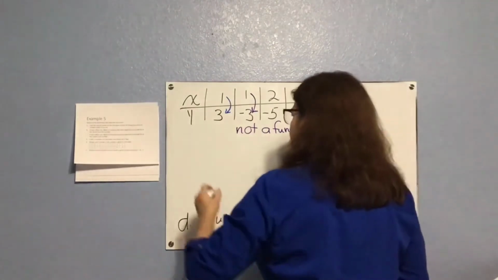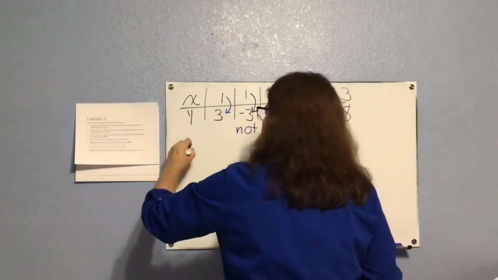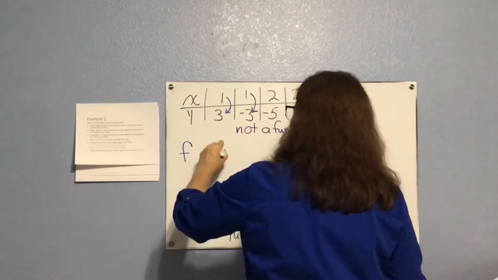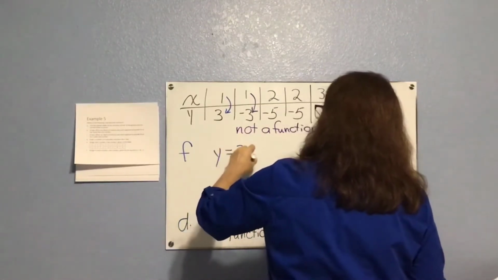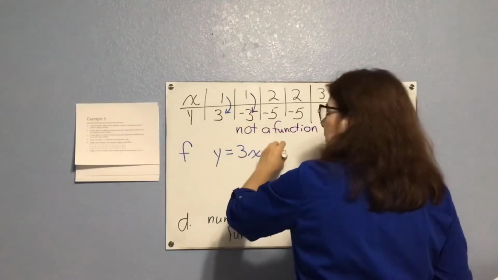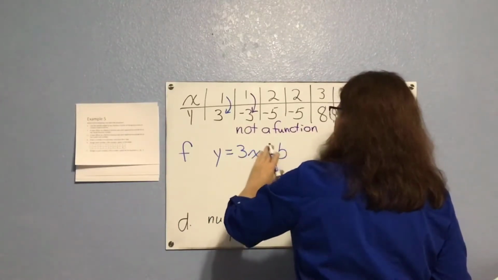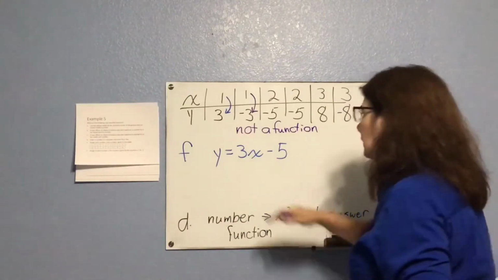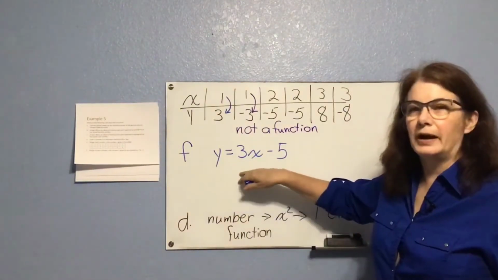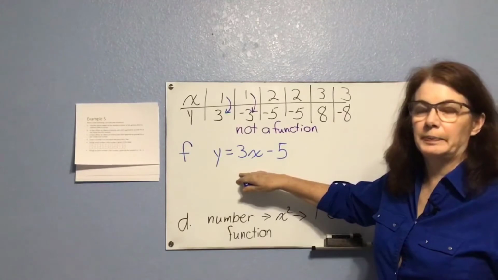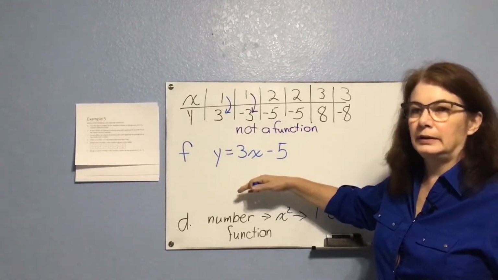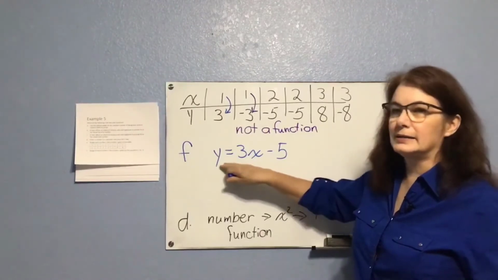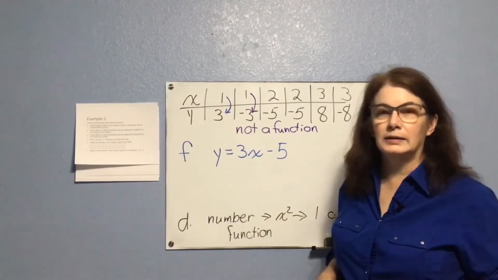Okay, and then my last one. If I give you this equation, y equals 3x minus 5, will I get a unique y for every x that I put in? In other words, are there any two x's that I could put in here and get the same value for y?